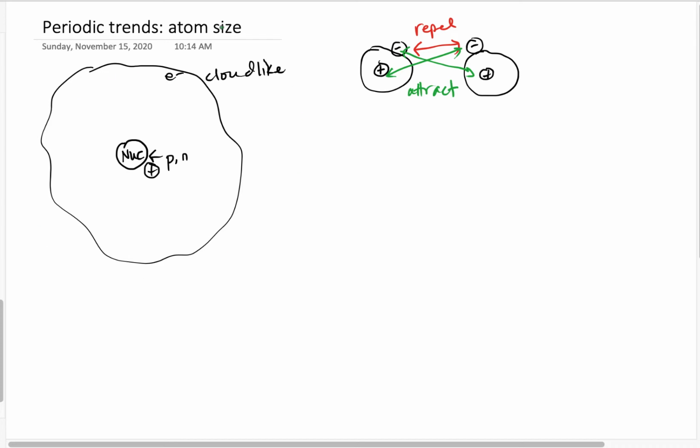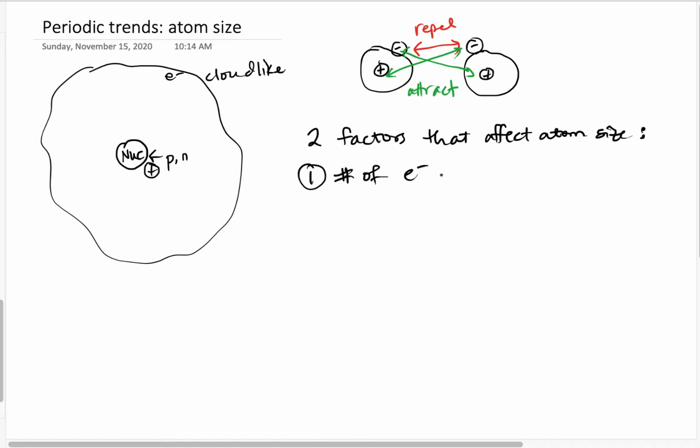So, how big is the electron cloud around an atom? There are two factors that affect atom size. One of them is which orbitals the electrons are in, so number of electron orbitals, which really means number of electrons.